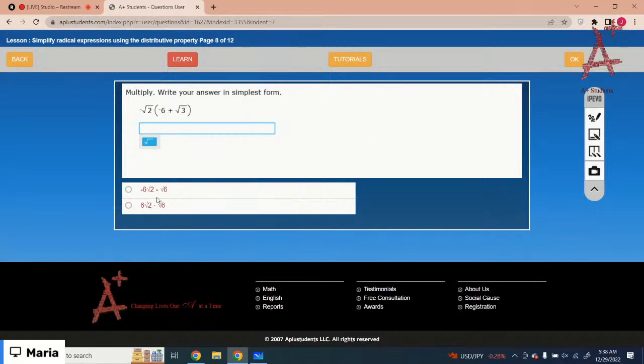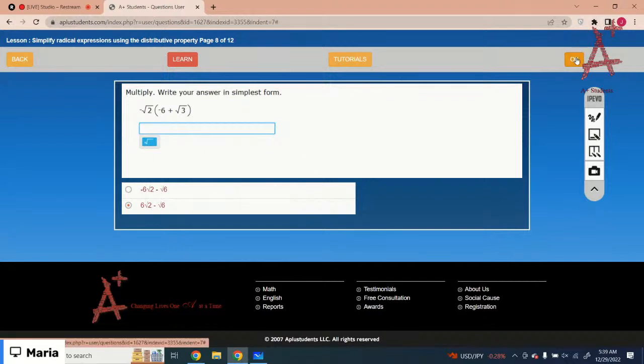It would be the second option. It would be the second option.